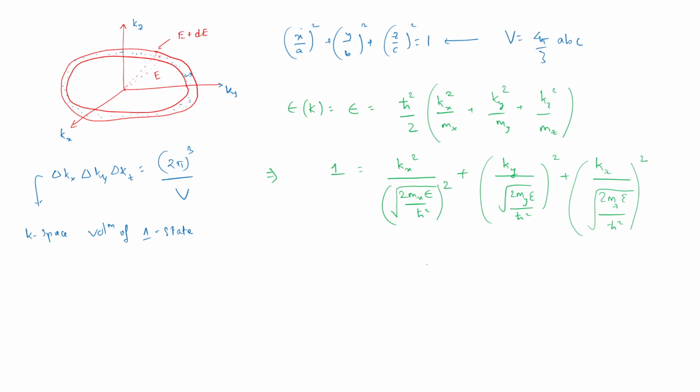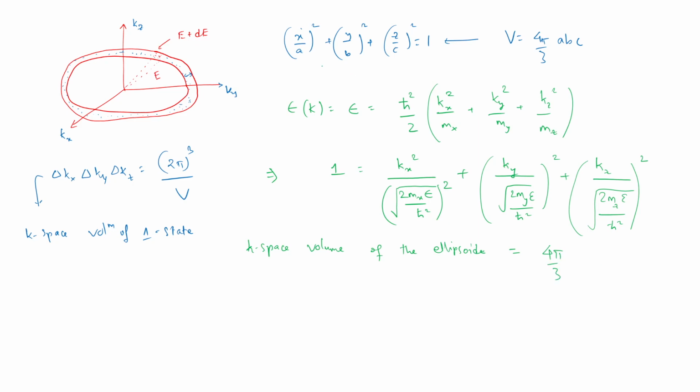Okay, so the k space volume of the ellipsoid with maximum energy epsilon will be given by 4 pi by 3 abc.